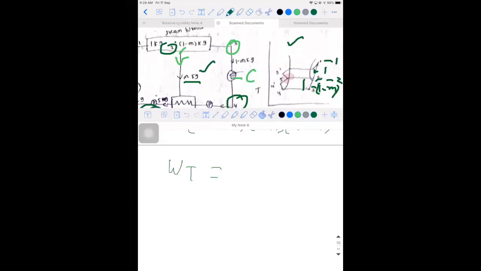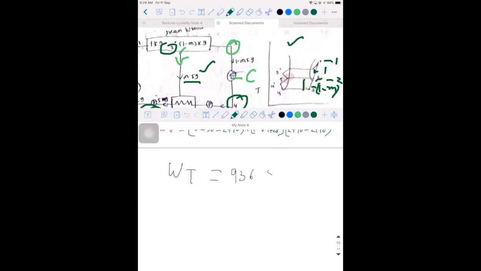Okay. 936.5 is the answer you have got. So we'll go with the value 936.5 kilojoules. Of course, it is for 1 kg, that you are aware of.